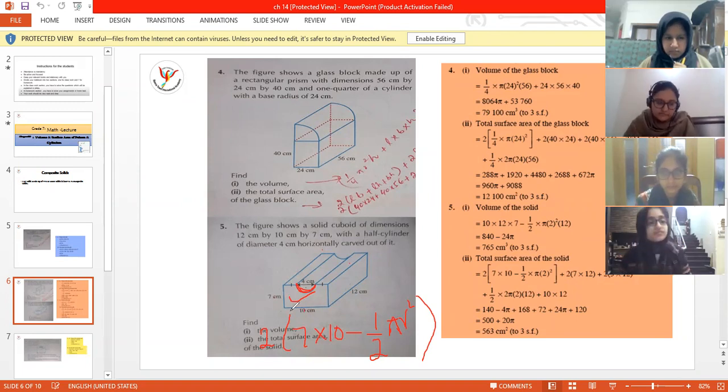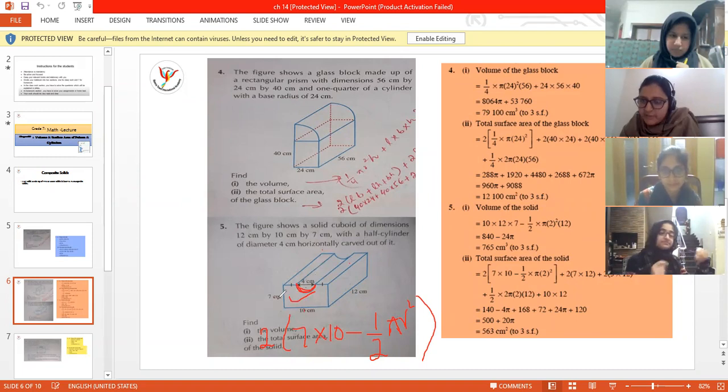See this. 7 multiply 10. The rectangular prism, the cuboid, is 7 multiply 10, and the back side is 7 multiply 10. Clear? But this 7 multiply 10 is actually not the whole side. Something is missing from it, which is the semicircle.